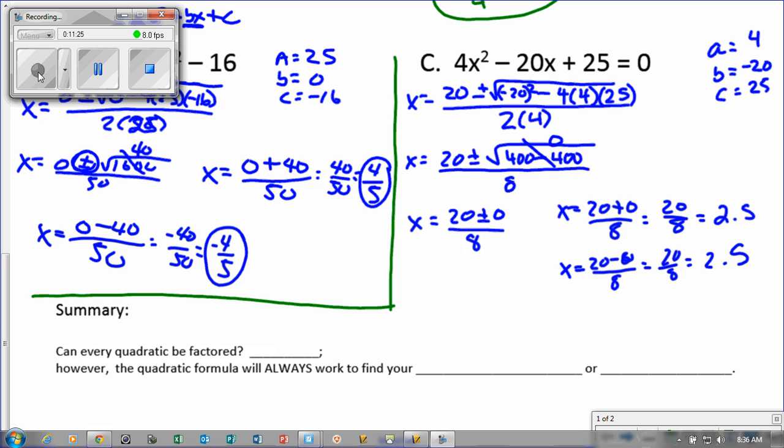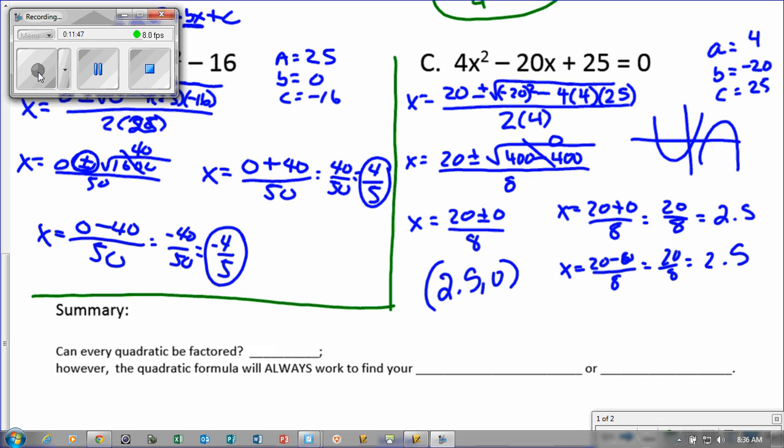There's one x-intercept. And usually, what does that mean when there's only one x-intercept? How does that graph look? No, it's not linear, it's quadratic. Okay? When we have two solutions, right? That graph can either look like this or look like that.